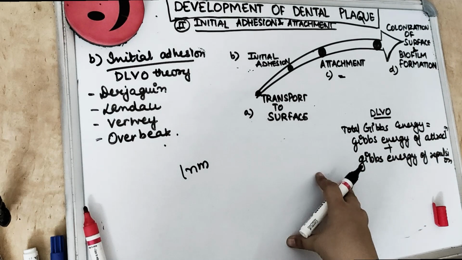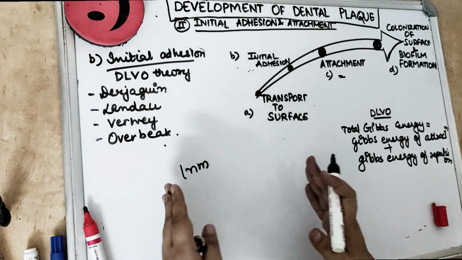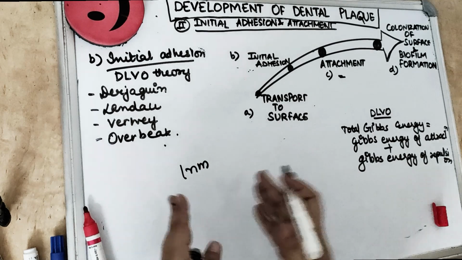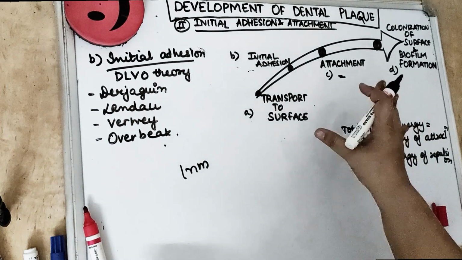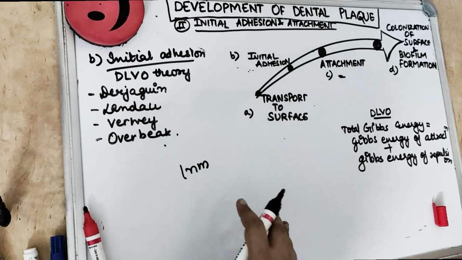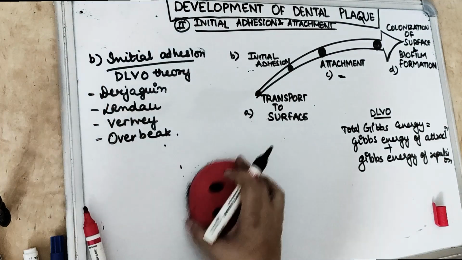Now this Gibbs energy tells about the charge between the particles and the distance between them. So there is a charge, there is a potential difference, and also there is a distance between them, and there is a graph which this DLVO theory tells about. This theory is like these two particles are like two females in the Wuhan market.